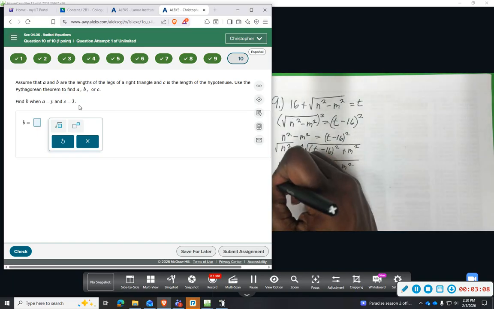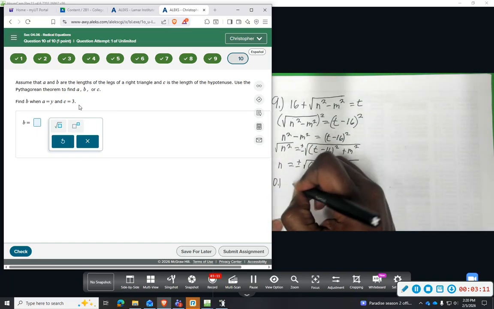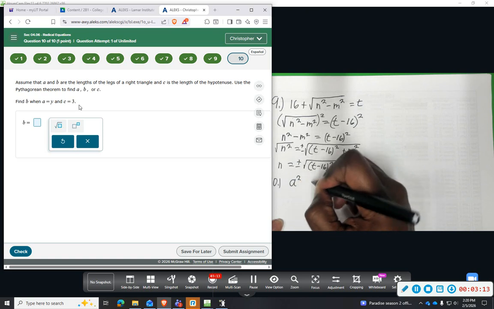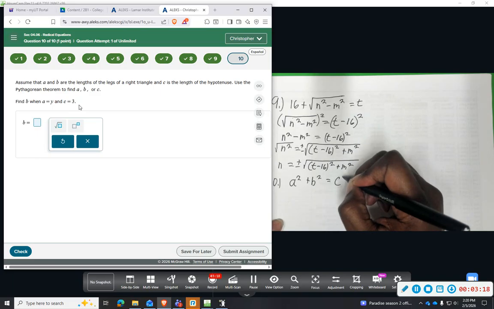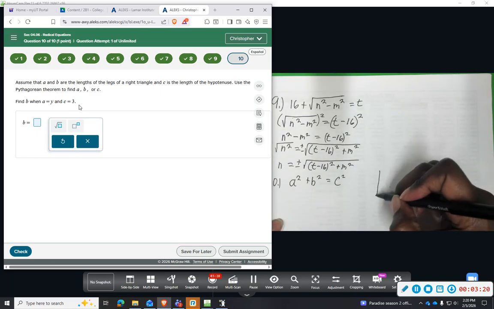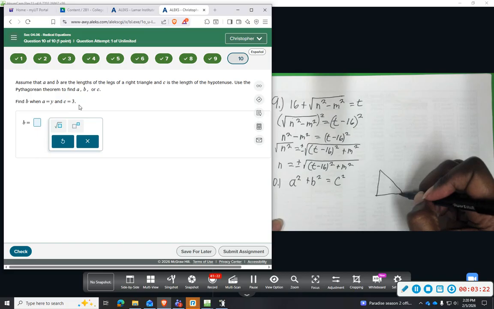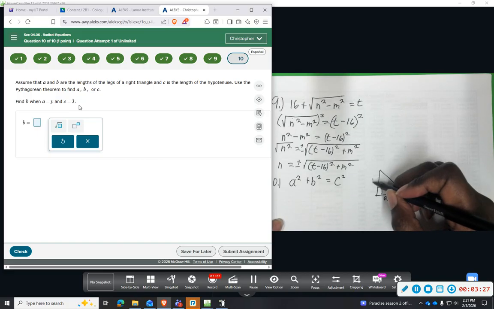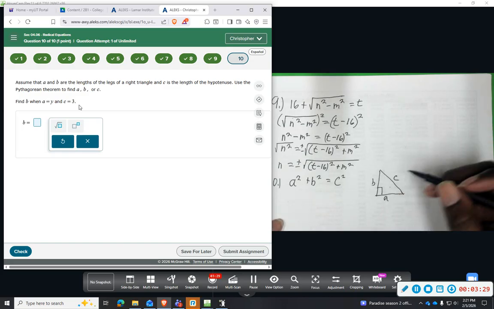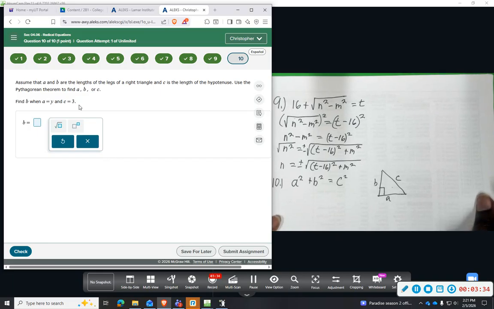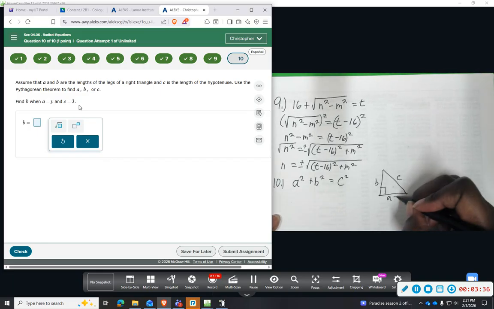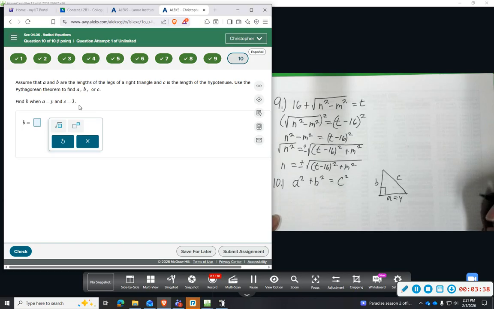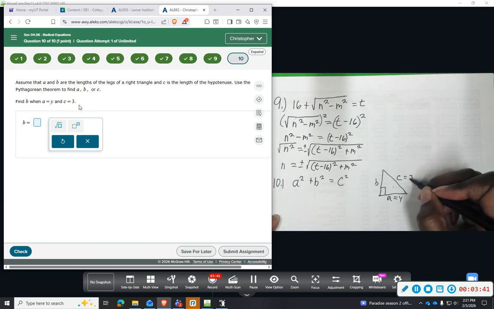So we're going to do the Pythagorean theorem, that is a squared plus b squared equals c squared. They're just referring us to this method used to solve a right triangle. We're going to solve for b, and we're told that a equals y, so we're going to put a different variable in, and c equals 3.